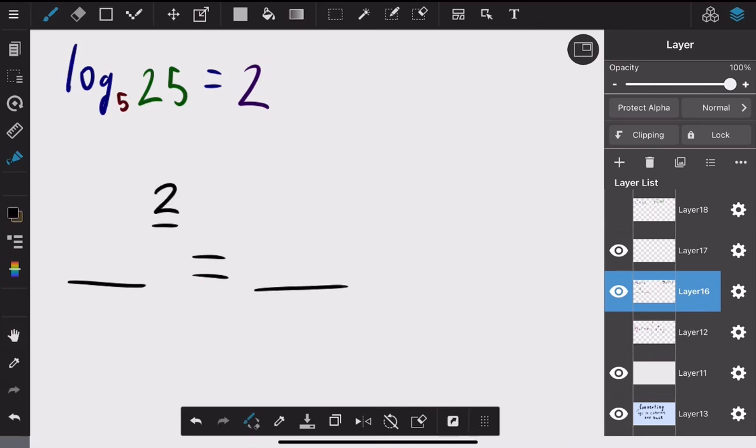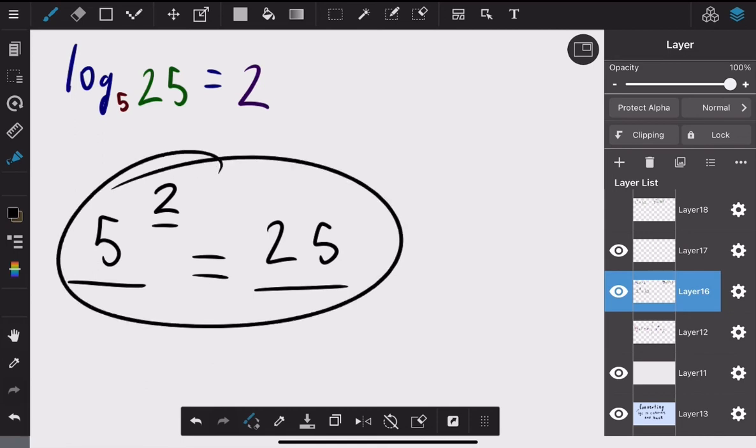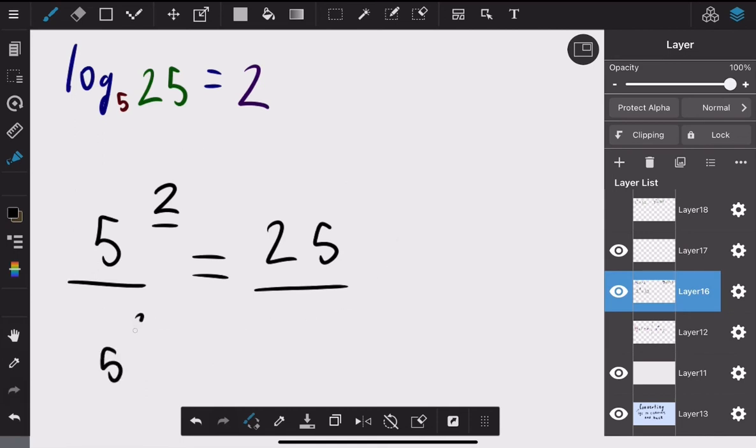So the exponent is 2. Next, we know that the base in a log equation is the same as the base in an exponential equation, so we'll just drop that right down here. Lastly, you either know that the argument goes at the end, or you know that it goes in the last blank space. Either way, that's where you're going to put it. And so our new exponential equation is 5 squared equals 25.